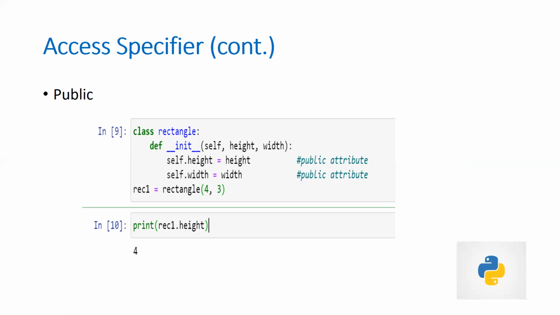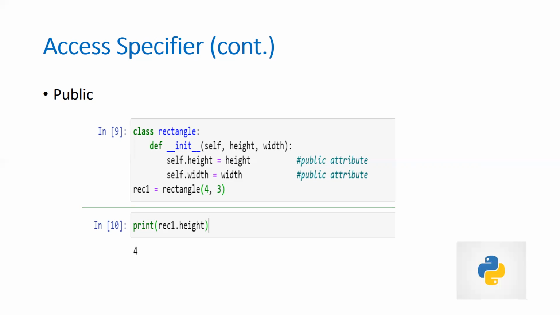So how can Python help us declare our attribute as public, private, or protected? This is the way: underscore. In Python we use underscore to distinguish which attribute is public, which is private, and which is protected.